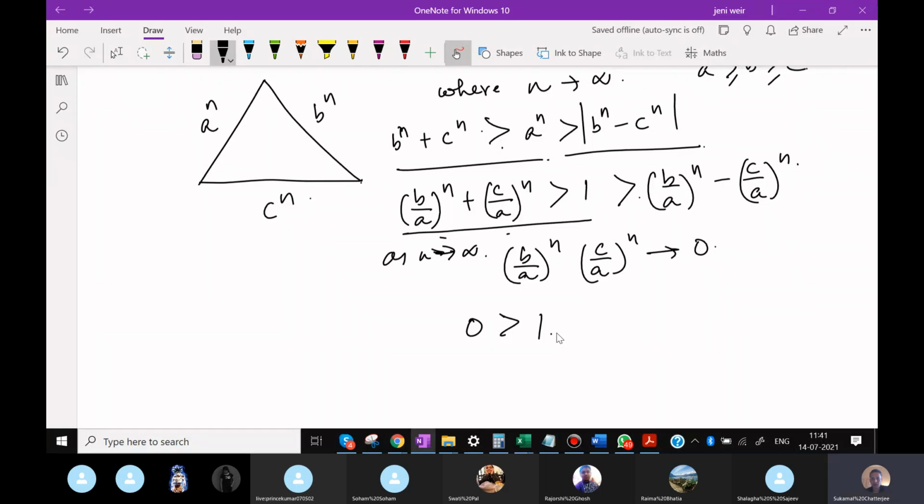So that means this can be valid only when b by a is equal to 1. That means b is equal to a.